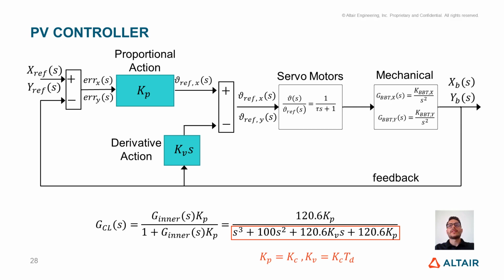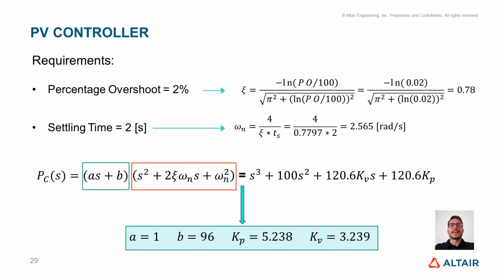This time, though, there is no 0. And it follows that to design our controller, we can use the same technique. But this time, since there's no 0, based on the reasoning we have done before, we expect the overshoot to be the same as the one we are setting in the requirements.